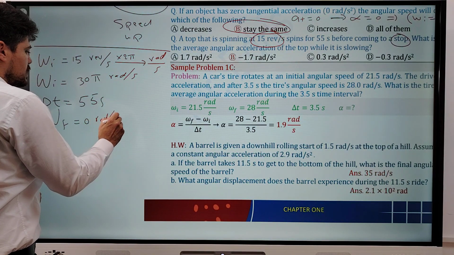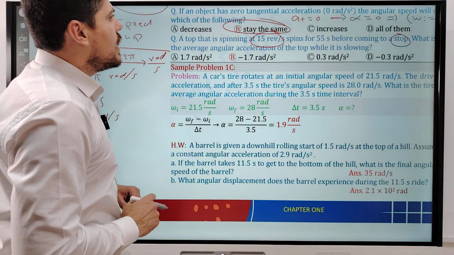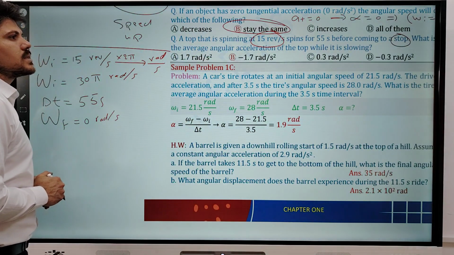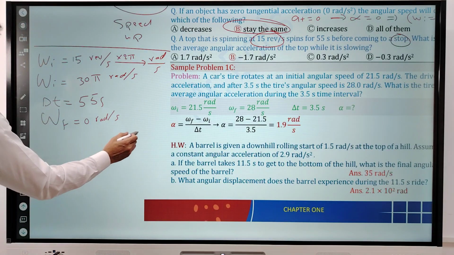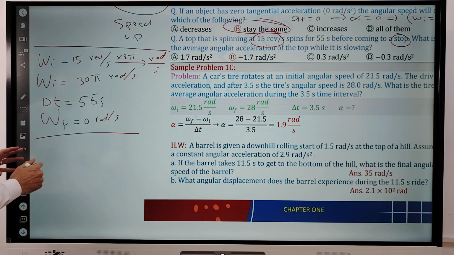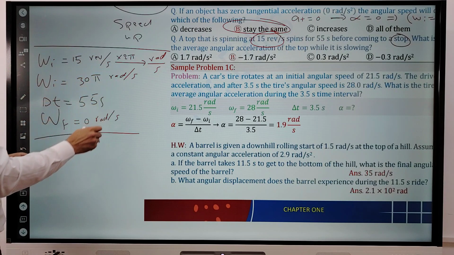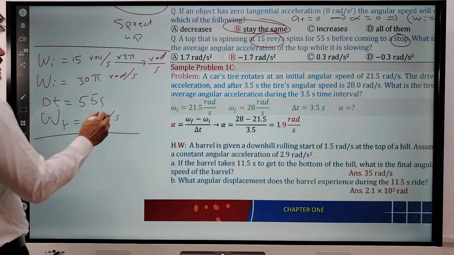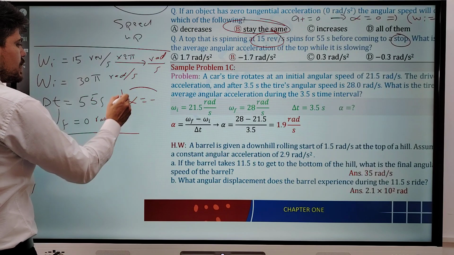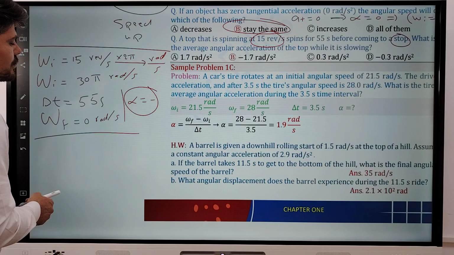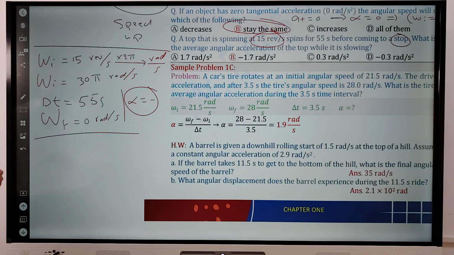Rad per second. What is the average angular acceleration of the top wheel? It is slowing. So in that case, the angular speed is slowing from 30 pi rad per second to 0 rad per second. So alpha should be negative. Without solving the question, you have to know the sign of the angular acceleration is negative.